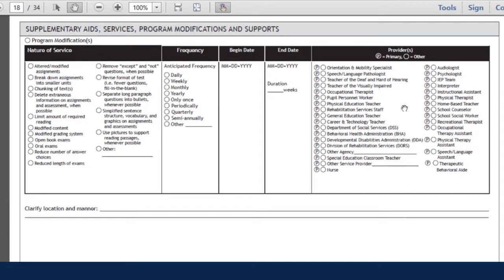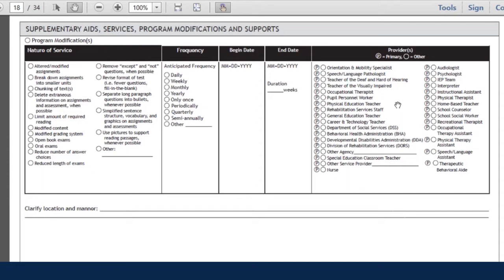And just always know that you have the right to have input in how the IEP is designed. So if you disagree with the service, or you would like to have it more frequently, or you would like to change who is providing the service, you have the right to bring that up at an IEP meeting and have a discussion and advocate for your child and try and get that IEP changed.